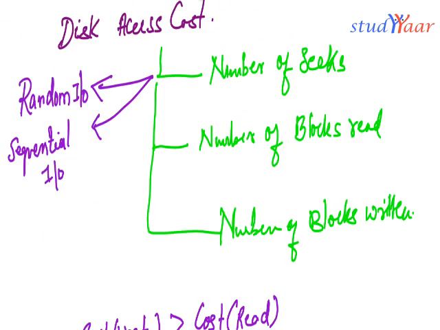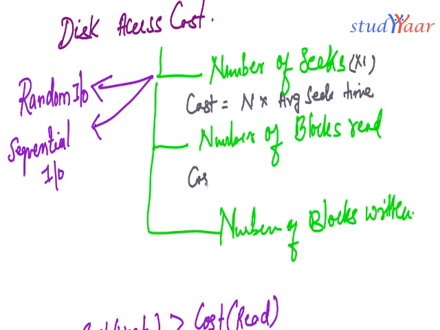So how do I calculate cost here? Let's suppose the number of seeks is n, then cost would be n into average seek time. Similarly, if the number of blocks read is n, then cost is n into average block read cost, or time.